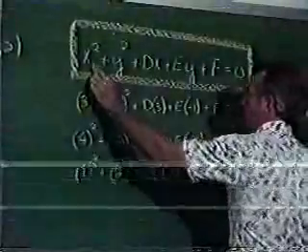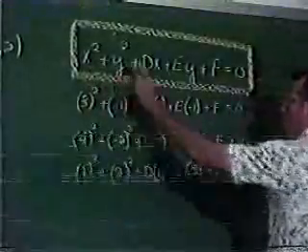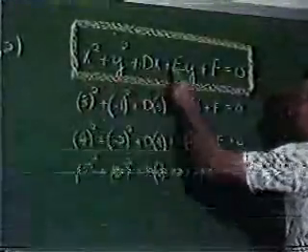Here's the next thing you need to learn. The general form of a circle is x squared plus y squared plus dx plus ey plus f is equal to 0. Now you go back and look at examples 4 and 5 in your notes, and you notice that's what you have.